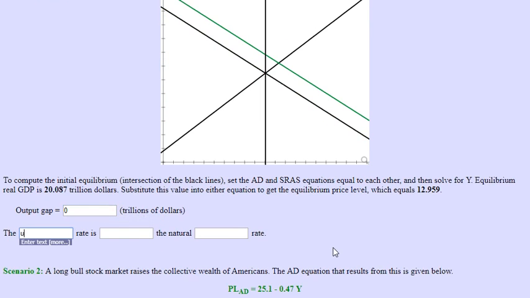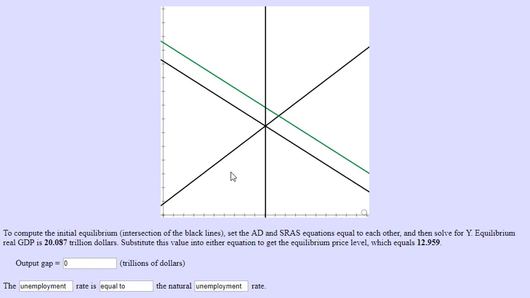In this situation, the unemployment rate is equal to the natural unemployment rate. Because remember, if real GDP is over here, buildings, factories, roads, computer networks are being underutilized.